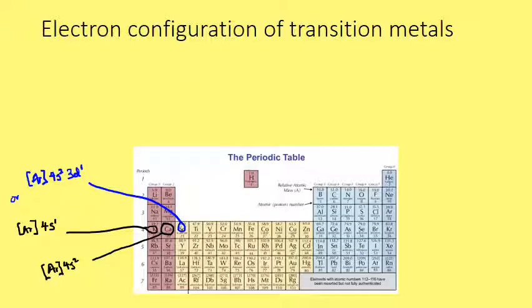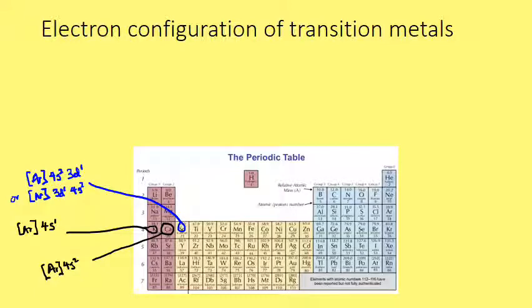Notice I've put the 4s2 followed by the 3d1, so this is written out in the order that the electrons are filled in as you go along the periodic table, or you could write it down in order of energy levels, primary energy levels. So you could write argon 3d1 4s2, and you'll see both, and both are valid.